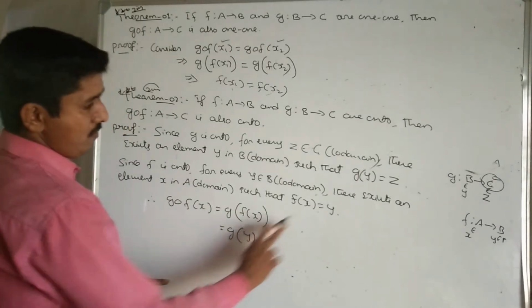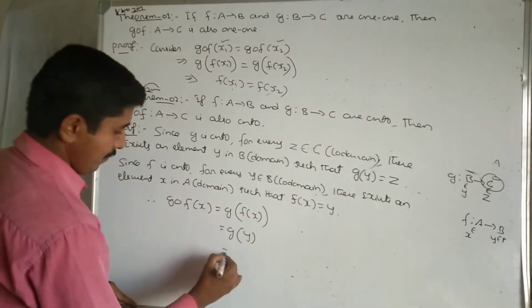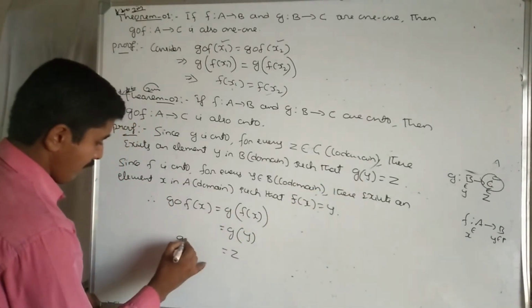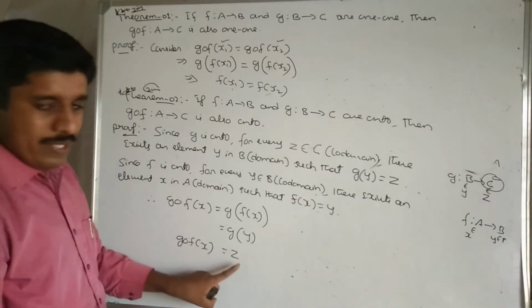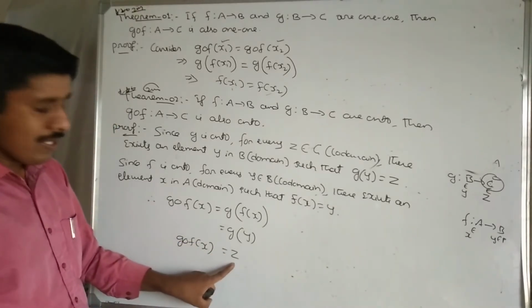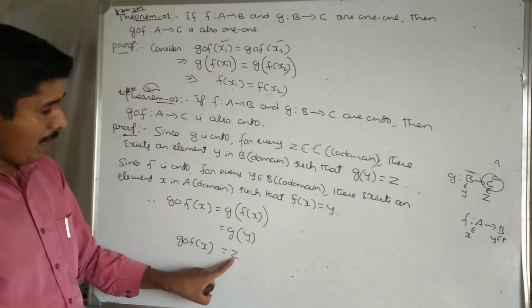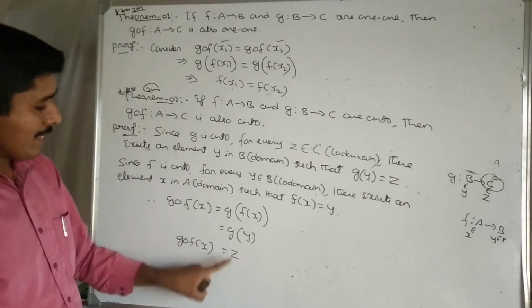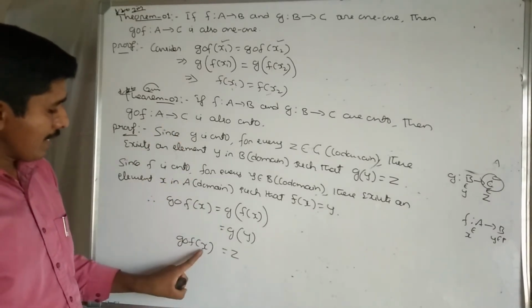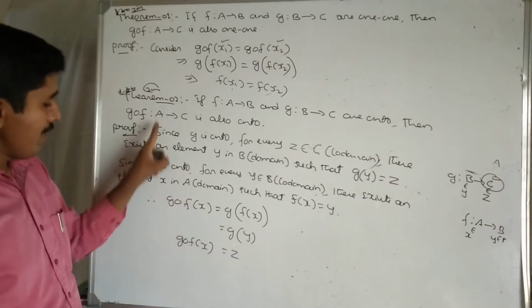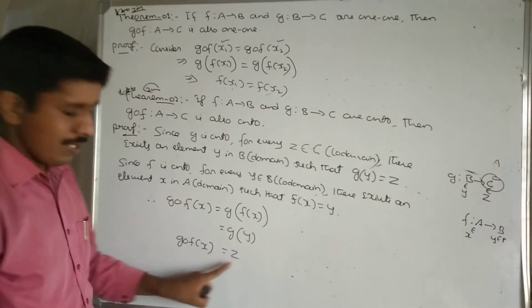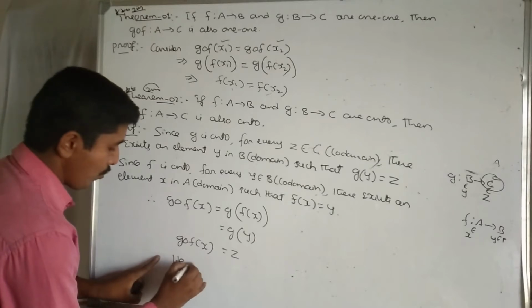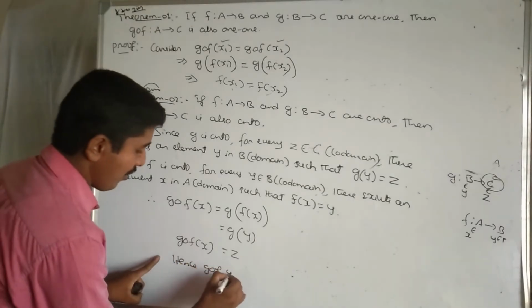Next, we have g of y equals z. So g∘f of x equals z. For every element z belongs to C, the codomain, there exists a pre-image element x such that g∘f of x equals z. Hence g∘f is onto.